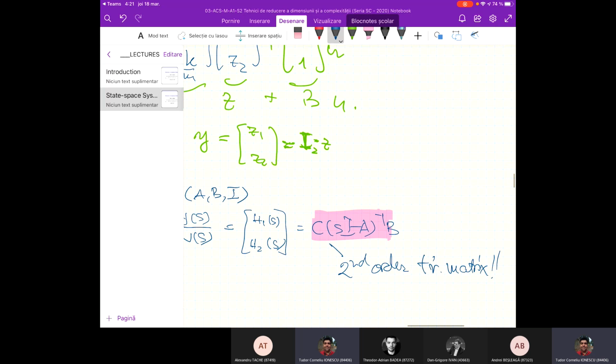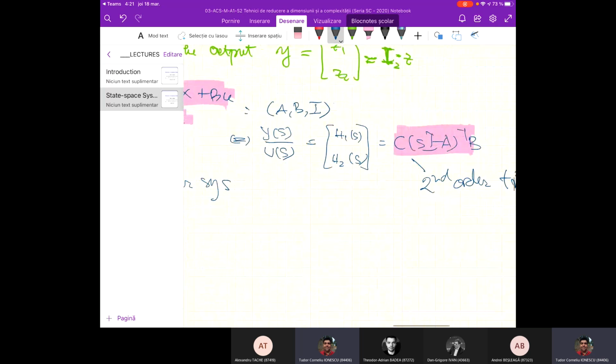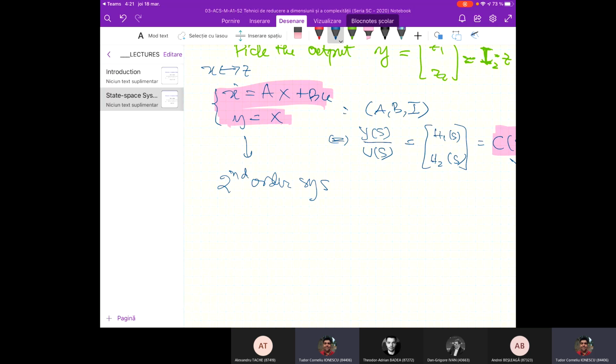So the question is now, for instance in model reduction, how to approximate this with a first order transfer matrix. A simple transfer matrix.